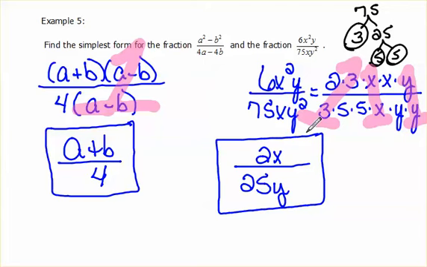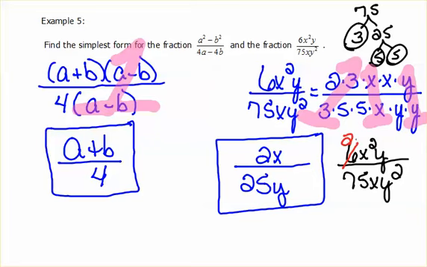Now, another way that we could look at that, if we wanted to, would be using our exponent rules that we've talked about before. So we could do that too. We could look at 6 and 75 and say, well, I know both of them are divisible by 3, so 3 goes into 6 2 times, and 3 goes into 75 25 times. Now then I have an x squared on top and an x on bottom.